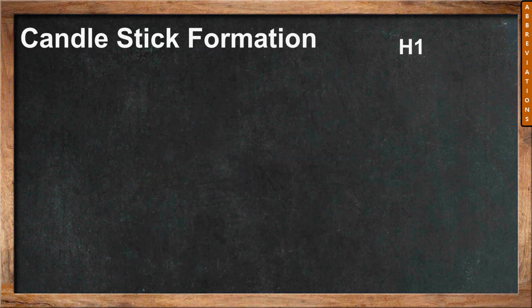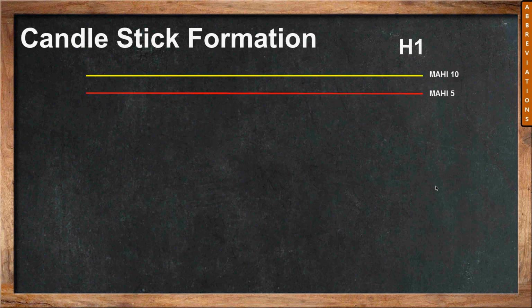All right, so let's say that we are looking at an H1 time frame. Each candle is formed within 1 hour. In BBMA there are two sets of indicators, which are moving average high MAHI 5 and MAHI 10.